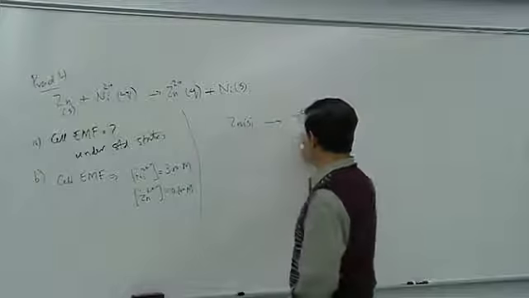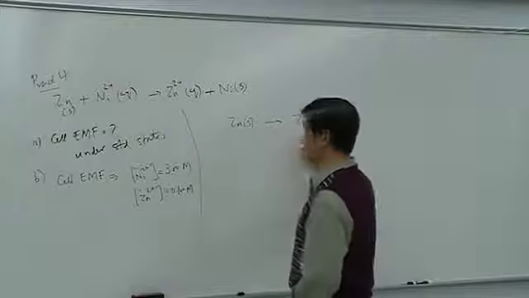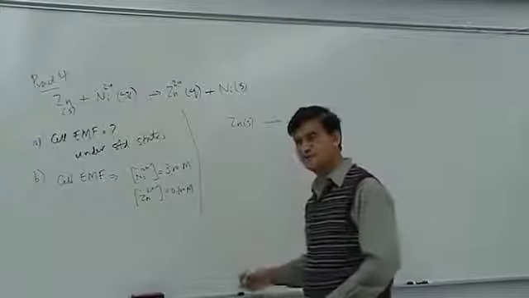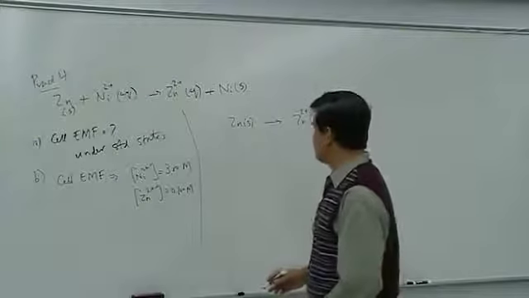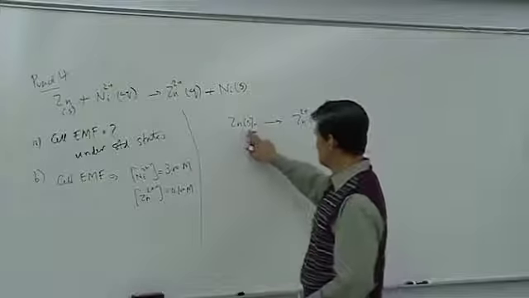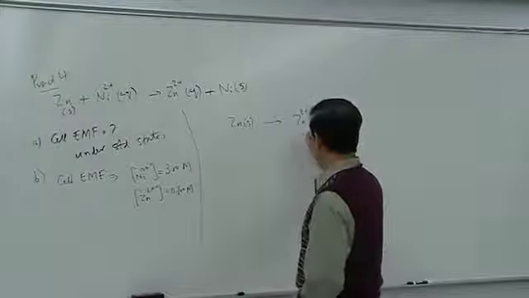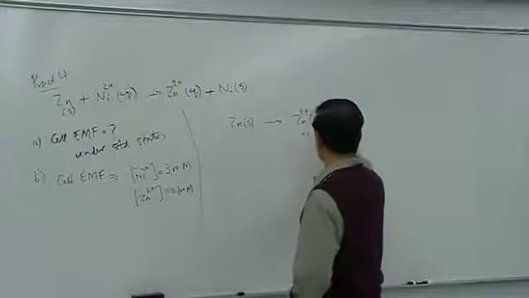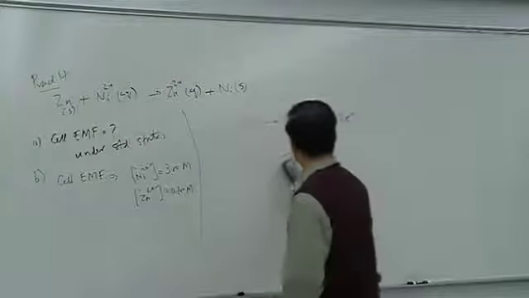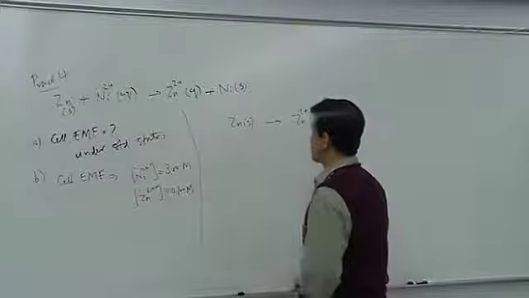For zinc 2 plus, the number of zinc is the same on both sides. So I'm done with that part. There is no hydrogen or oxygen to balance. Now you move to the charges. There is no charge on the left hand side, there is +2 on this side. So that means I need 2 electrons. So now it's balanced.